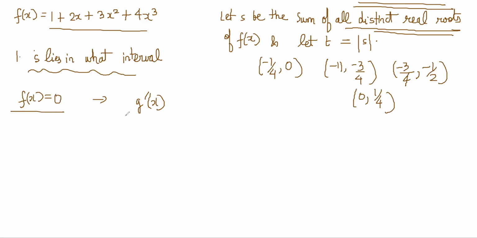Let's call f(x) as some g dash x, then between any two roots of g(x), you will get one root of g dash x. Are we saying the right thing here? We are trying to apply Rolle's theorem, right? So between any two roots of f(x), there will be one point where f dash x is 0.